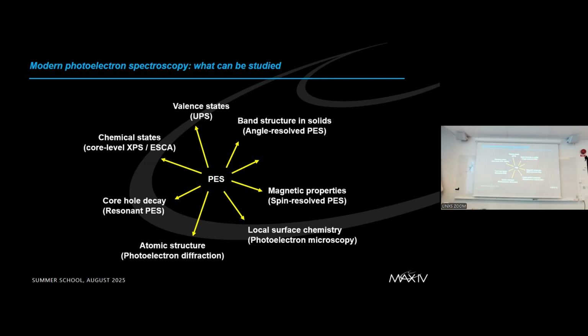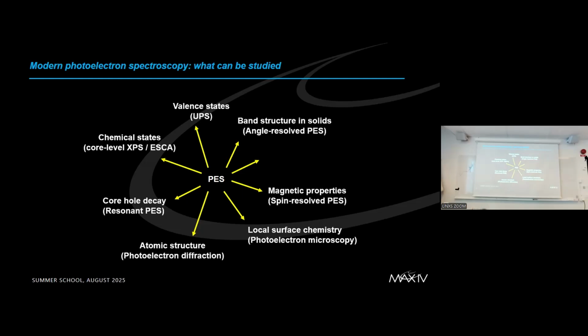Photoelectron microscopy is a great tool combining surface chemical sensitivity with spatial resolution. So you can record pictures of your sample with chemical sensitivity. So you can say, I want to have a picture only in, I don't know, carbon electrons or only in oxygen electrons and so on.